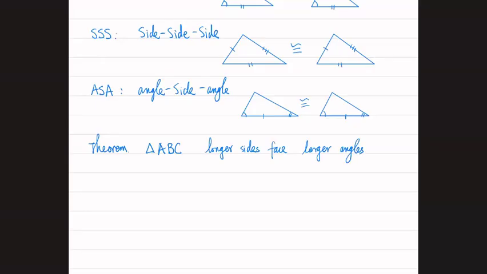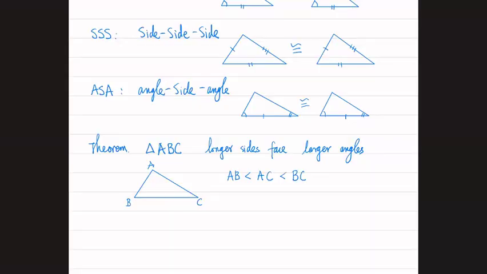More precisely, A, B, C. For this triangle, AB is shortest, less than AC, less than BC.